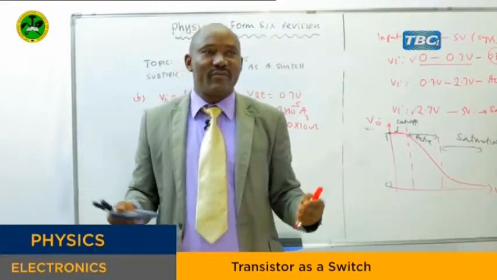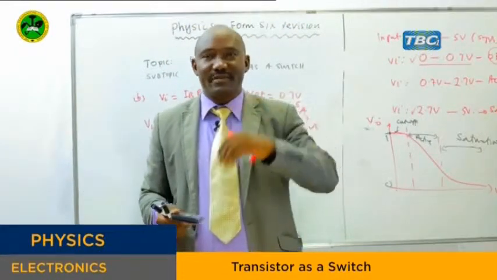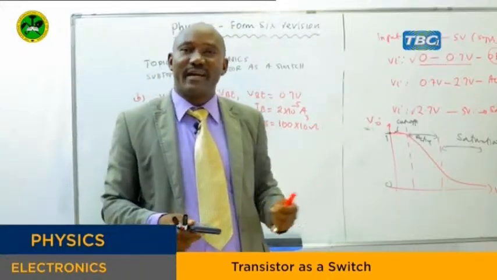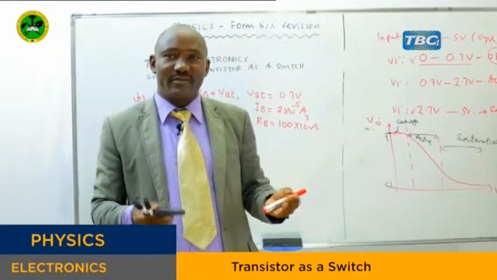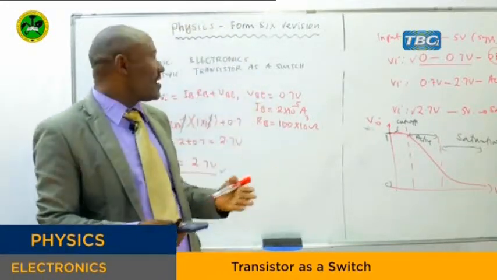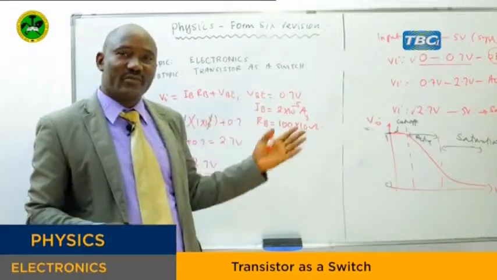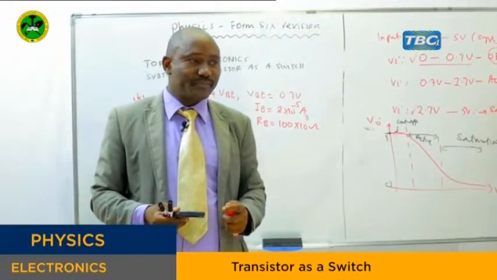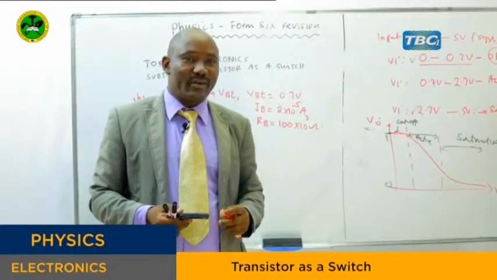This is what forms a multivibrator, and we mentioned the types: mono, bi, and astable multivibrators. These show how a transistor can be used as a switch in various ways.